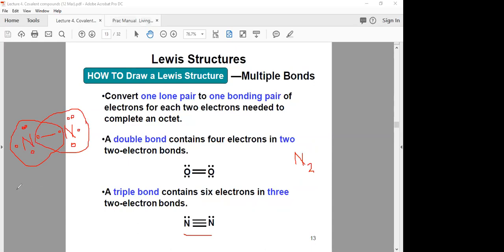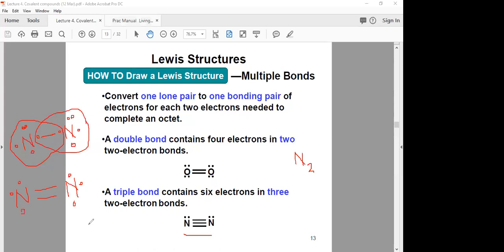All right, let's try that with 2 covalent bonds. That is a double covalent bond. 2, 3, 4, 5. 1, 2, 3, 4, 5.